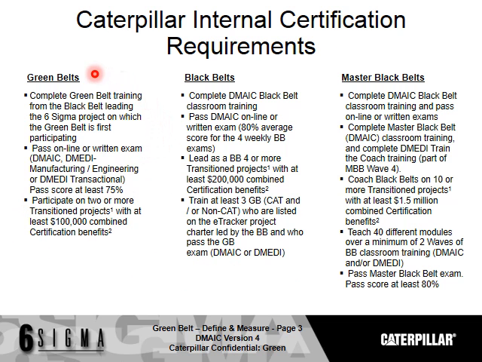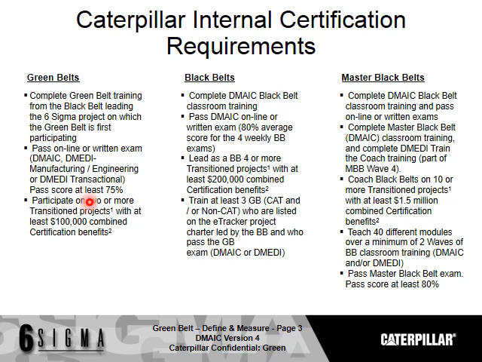These are the main certification requirements at Caterpillar for green belts, black belts and master black belts. Green belts need to receive the training from the black belt leading the Six Sigma project, which the green belt is first participating in. Pass the online written exam for DMAIC and DMADV manufacturing engineering or DMADV transformational with a score of at least 75%.